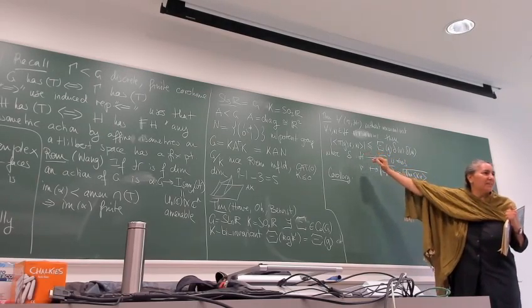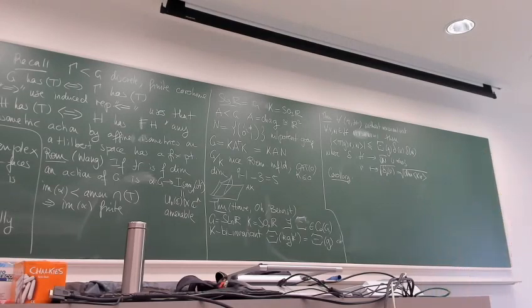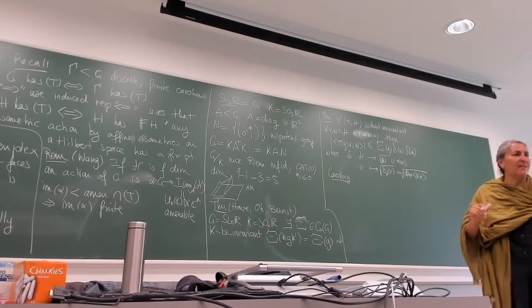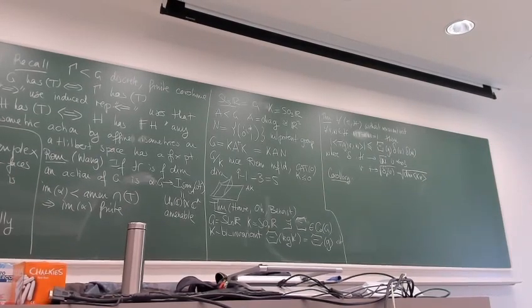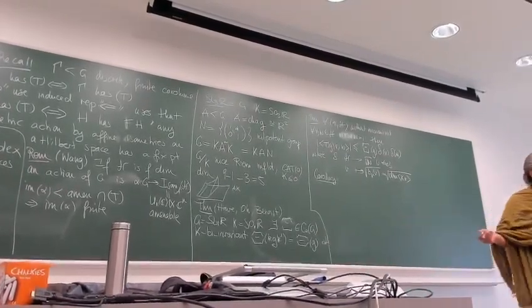You can find other functions. The game is to find the best one. They found one, somebody else could find another. All right, I'll tell more about this function. First, I'll give you the corollary on how this implies property T.